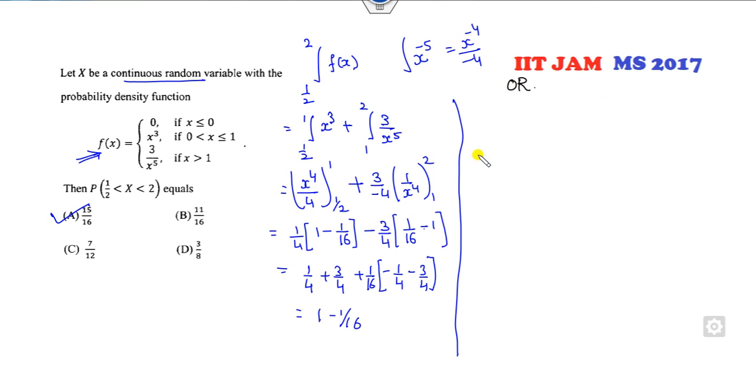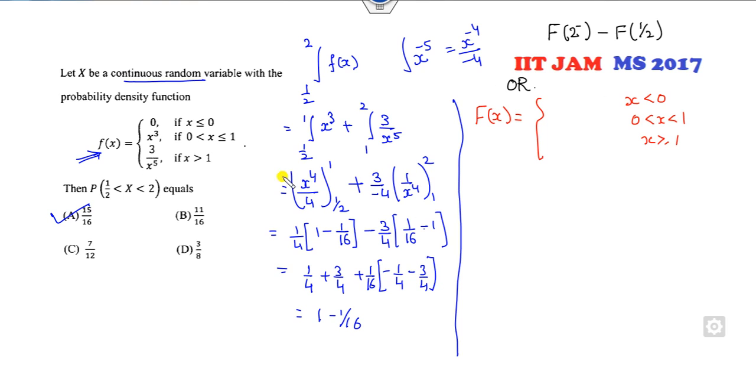Or you can write this term also in terms of f of 2 minus f of half, and for that you need to find the CDF. So how can you find the CDF? You can write the cases: x less than 0, 0 to 1, and x greater than 1.